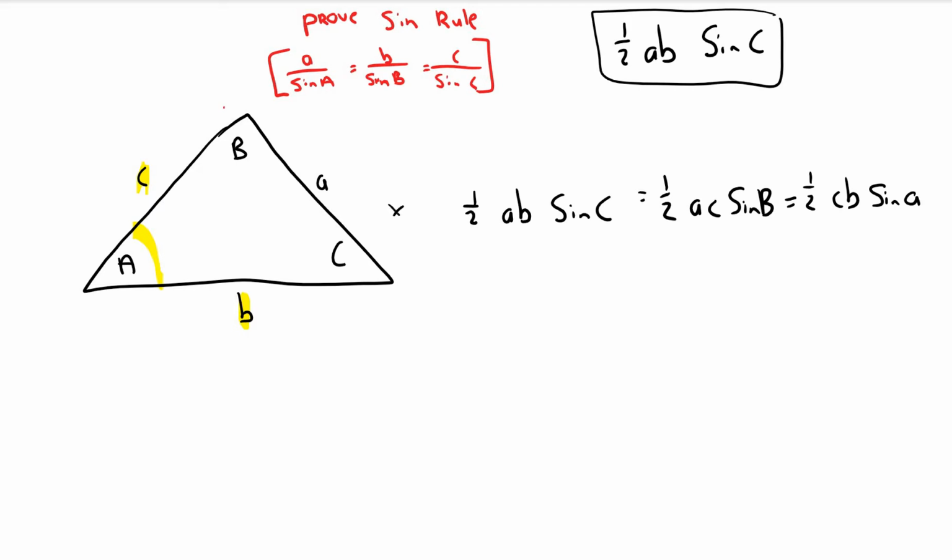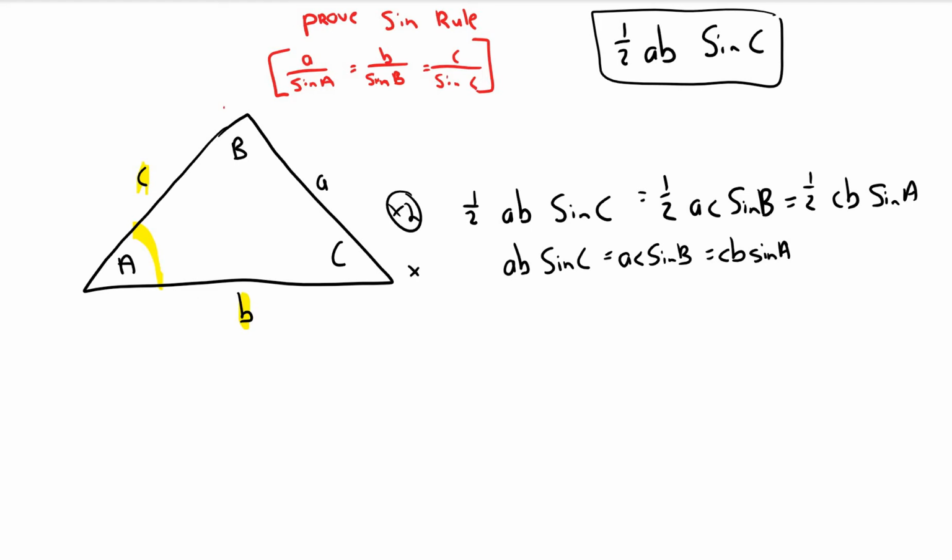So I'll get ab sine C equals ac sine B equals cb sine A. I really should have that as a capital A.